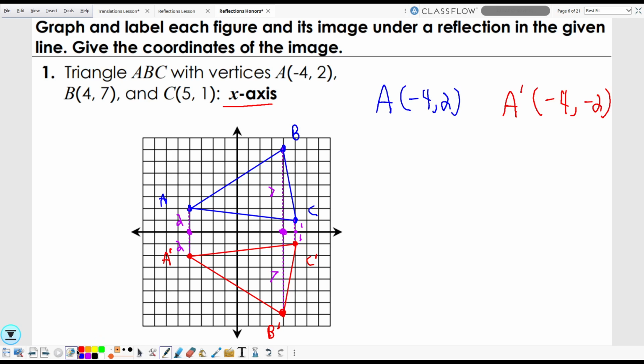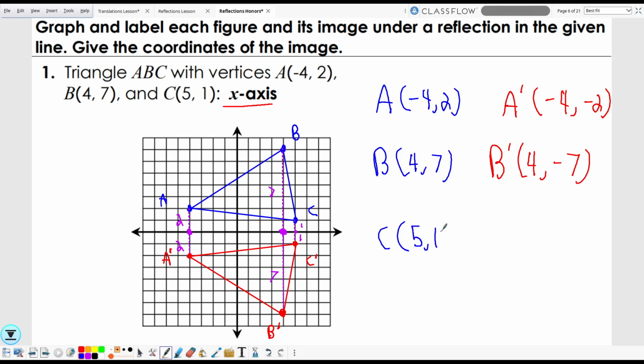All right, let's look at B. B is the point 4, 7. And B prime is the point 4, -7. And then if we look at C, which is the point 5, 1, then C prime is 5, -1.